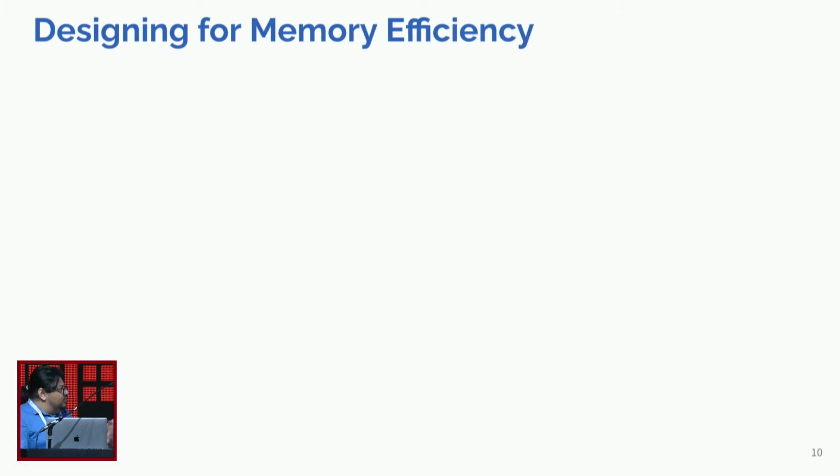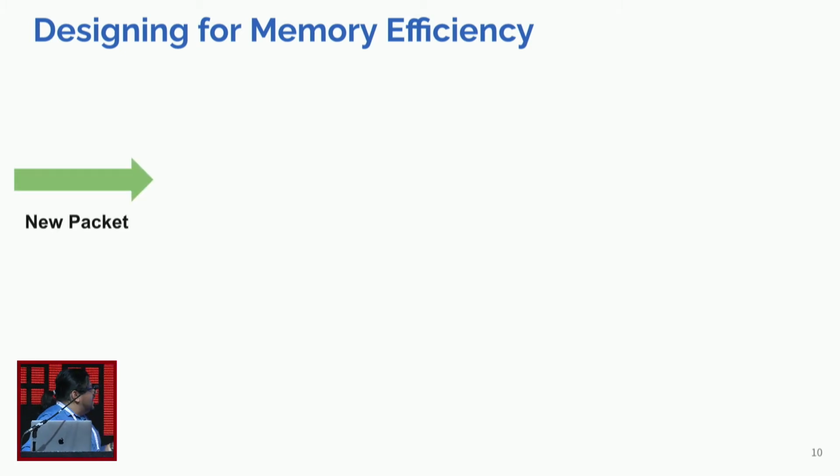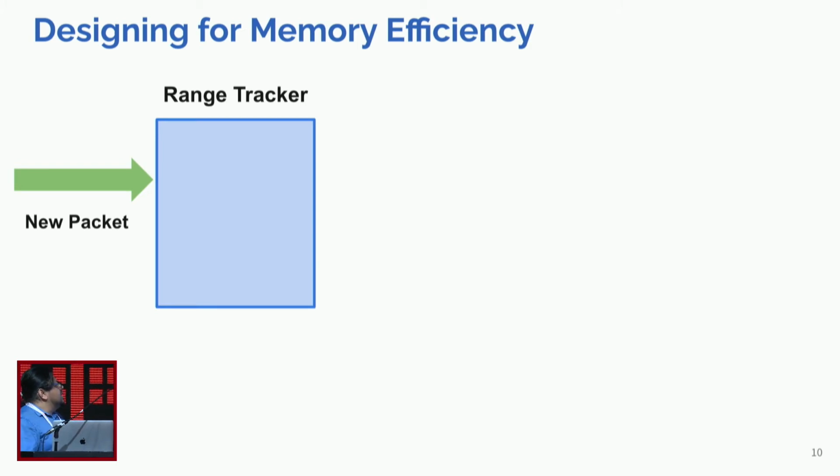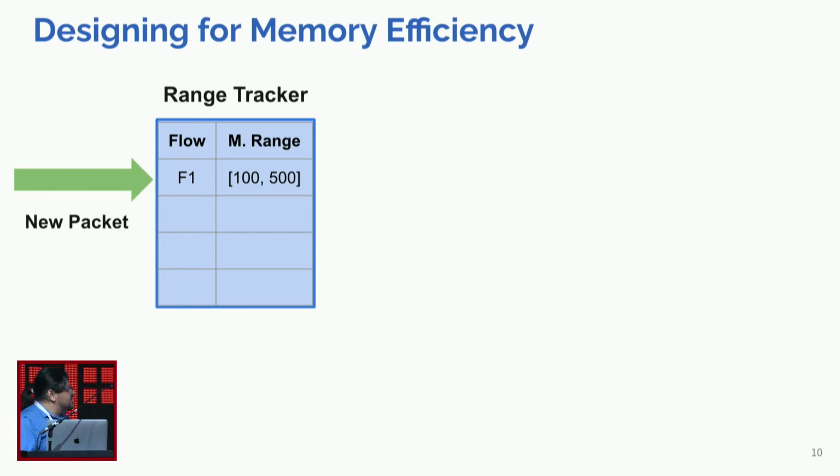Now, we store per-flow state, but how do we then ensure that this is also possible to do in the programmable data plane, because memory is critical. When a new packet comes in, we first have this range tracker table, which is storing the per-flow state. It stores the flow ID, which is a hash of the 4-tuple of the flow, and the measurement range, as I explained before.